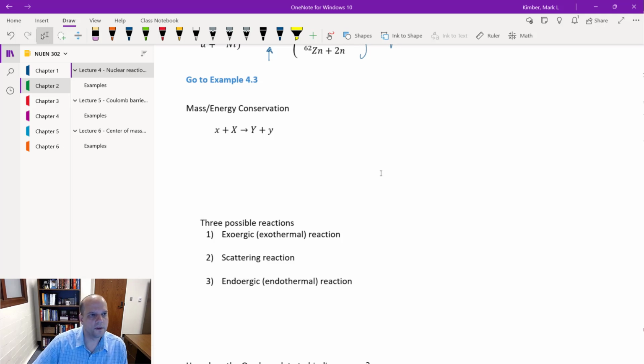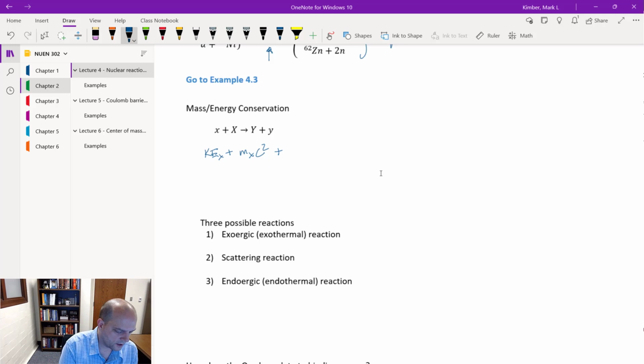And what we're going to do is start looking at the total energy of each of these. And so my projectile, the lowercase x, has a kinetic energy and it has a rest energy. So this would be expressed as kinetic energy of x plus the rest energy of x.